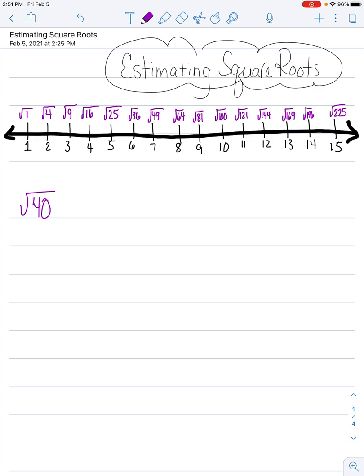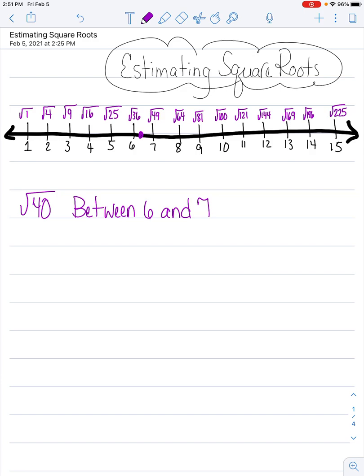If I look at the top where I wrote the square roots, the square root of 40 is between the square root of 36 and the square root of 49. Somewhere in there. You see that? So if I were going to estimate the square root of 40, I would say that it is between 6 and 7, because that's where it would be on the number line.